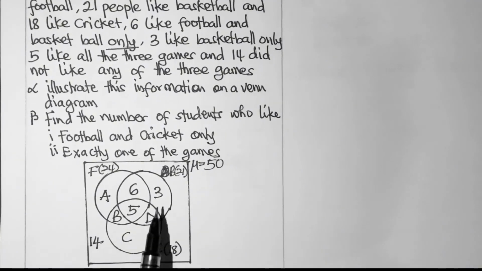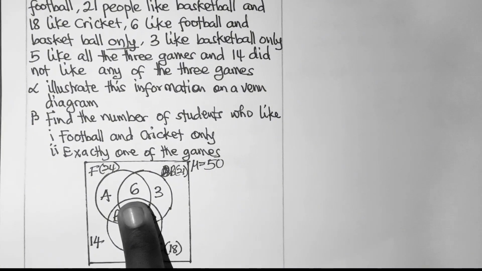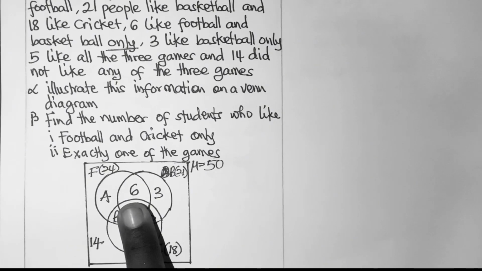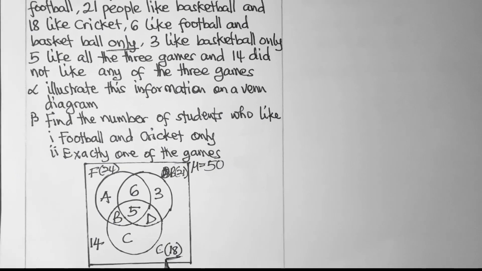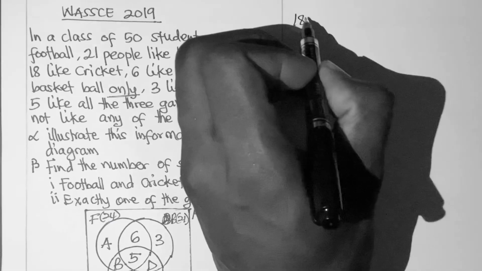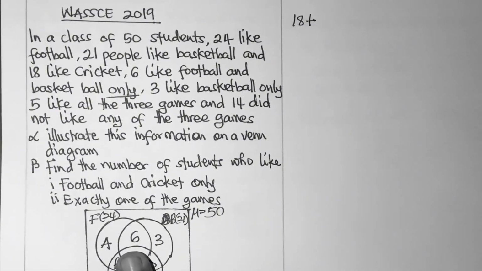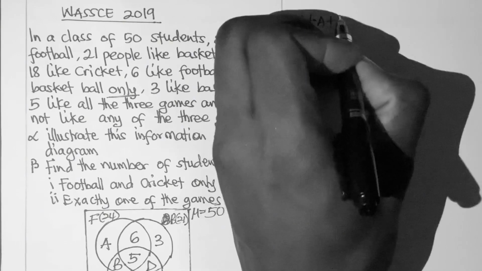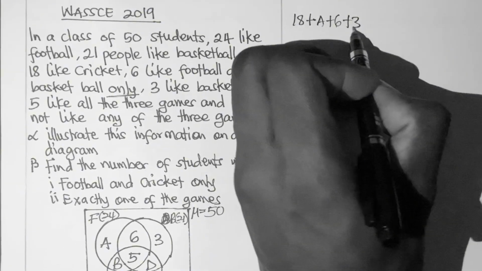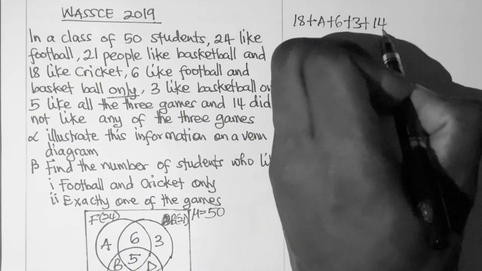Now you see that we can easily find A if we close this box. See that we are left with A, 6, 3, and then 14. If we sum all, we are supposed to get 50. But we know that the cricket is 18. So 18 plus, let me close it again. You see A, 6, 3. So plus A plus 6 plus 3, and then plus those who are not doing anything, which is 14.